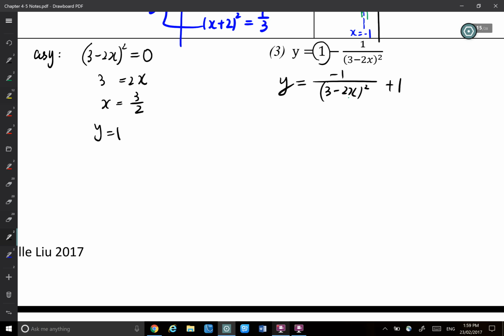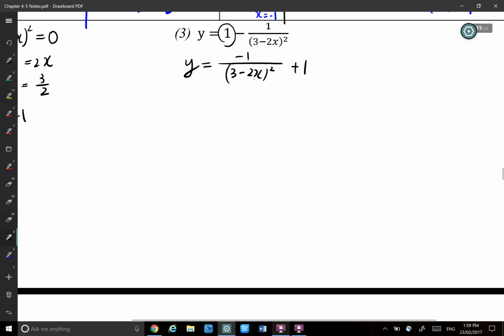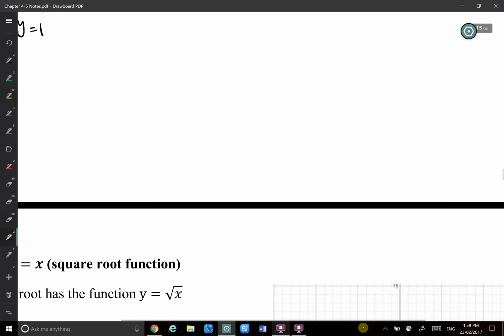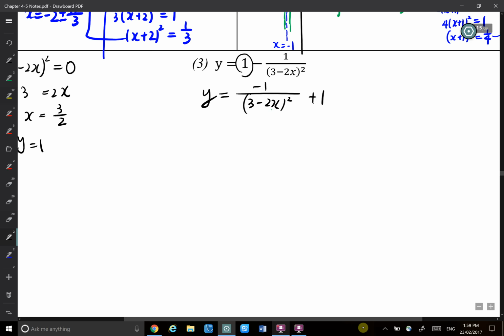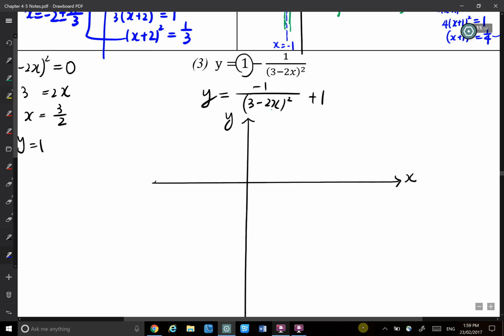Next, let's sketch out the graph first. We have x equals 3 over 2, and this is y equals 1.